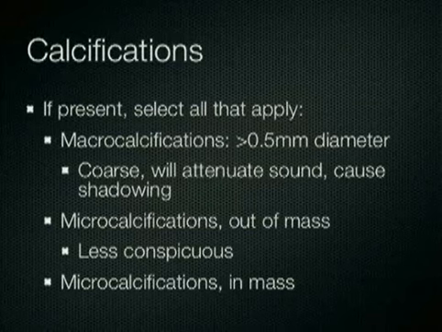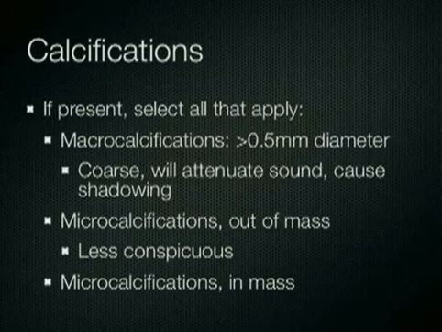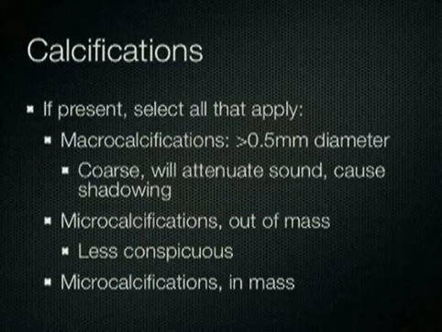These are often coarse and will attenuate sound, causing shadowing, and are commonly seen in fibroadenomas. Microcalcifications, or calcifications less than 0.5 millimeter in size, may be seen within masses or may be seen outside of masses, in which case they may be less conspicuous.